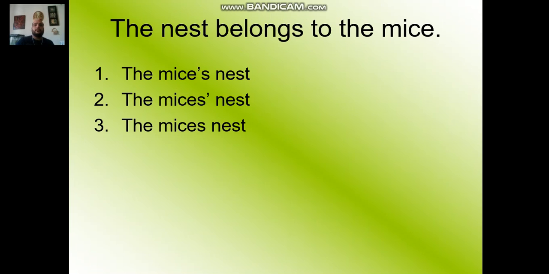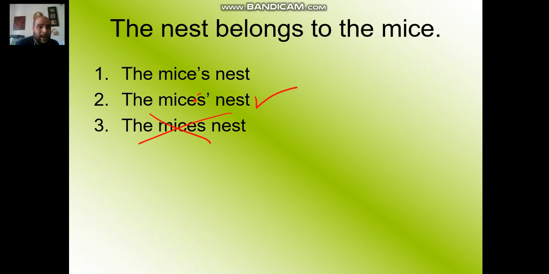Yes, here. So the nest belongs to the mice. That's the most important part to me, please. So here you have the mice's nest, or the mice's nest, or the mice's nest. Of course, this is wrong, I know. It doesn't have an apostrophe. But here some people are going to say that this one is right.